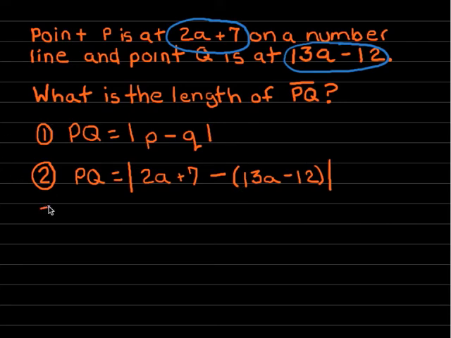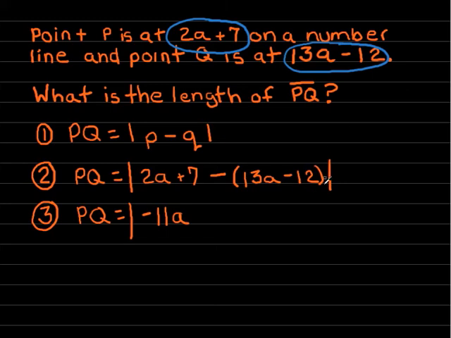Step 3. So PQ equals the absolute value. Let's gather our like terms. So I have 2a minus 13a. 2a minus 13a is negative 11a. I have 7 minus negative 12. Let's see.